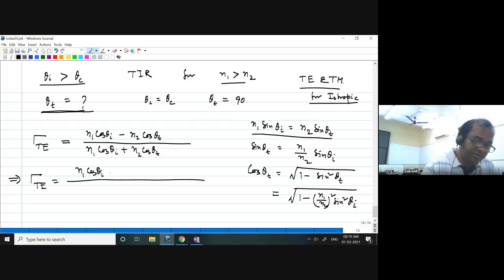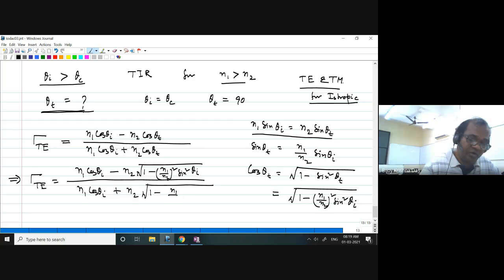I know that is in my control, minus n2 square root of 1 minus n1 by n2 whole square sine square theta i, divided by n1 cosine theta i plus n2 square root of 1 minus n1 by n2 whole square sine square theta i. Okay, so far so good.